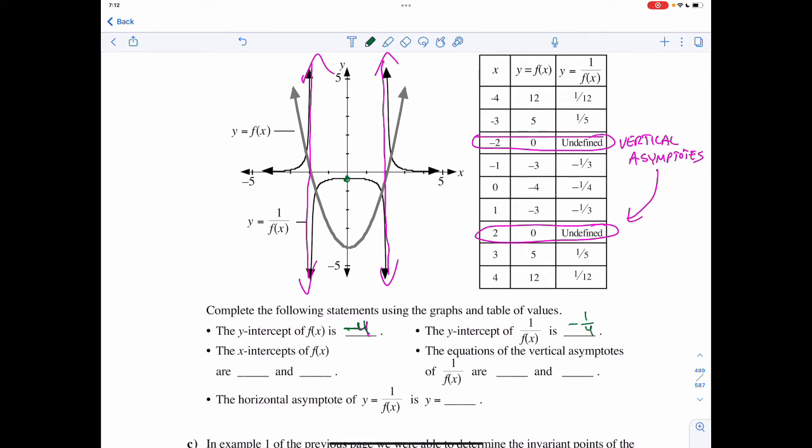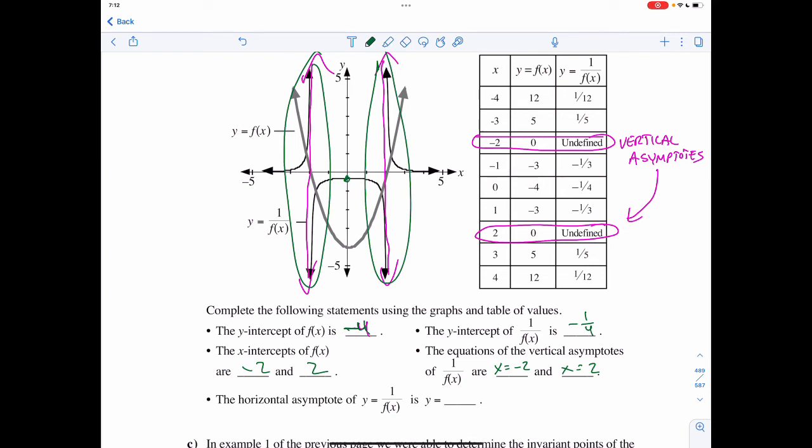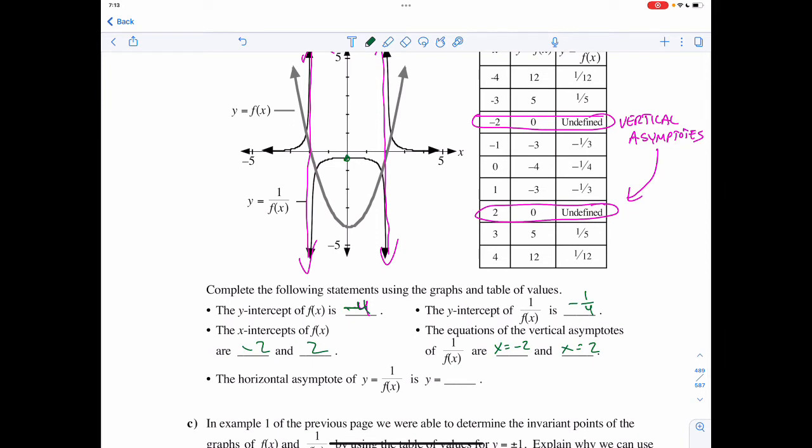The original one had x-intercepts, where y is equal to 0, at -2 and +2. The equations for the vertical asymptotes are going to be at x is equal to -2 and x is equal to +2. Those 2 vertical lines that I drew. The horizontal asymptote, the line that the graph is trying to get closer and closer to but will still never cross, still occurs in the same spot when y is equal to 0.